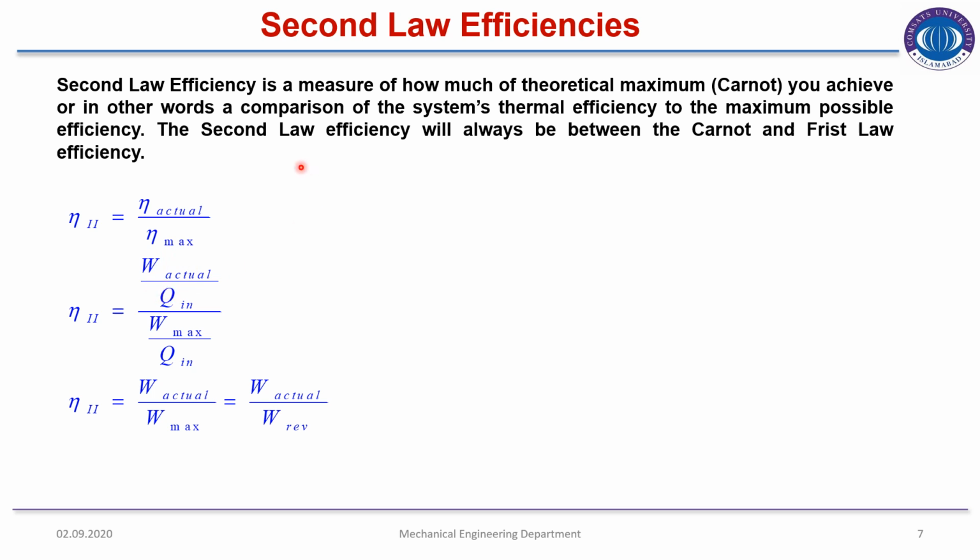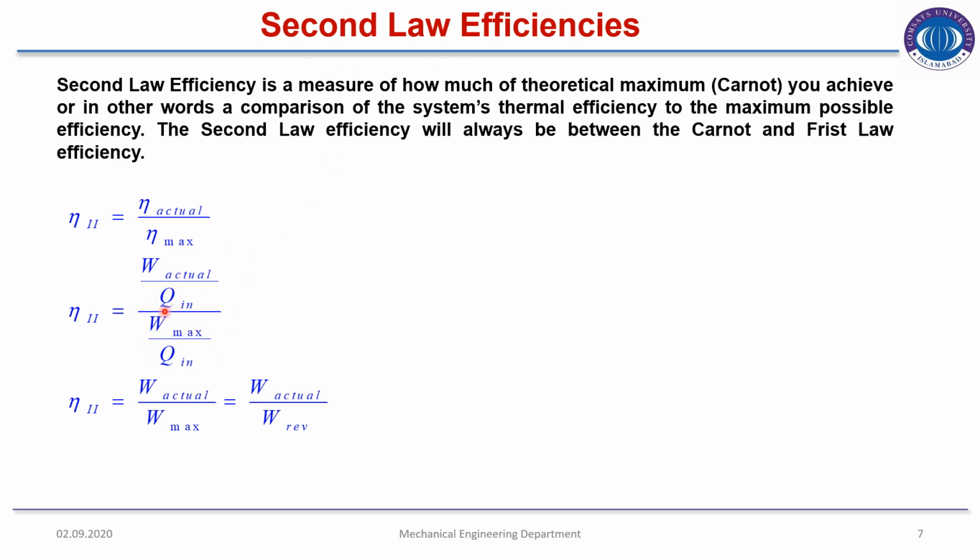So here we have a practical heat engine. In the numerator its actual efficiency is calculated, whereas the denominator is the efficiency of the Carnot heat engine, because maximum thermal efficiency can only be achieved by a Carnot heat engine. So it is a ratio.